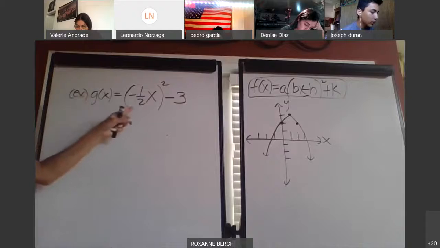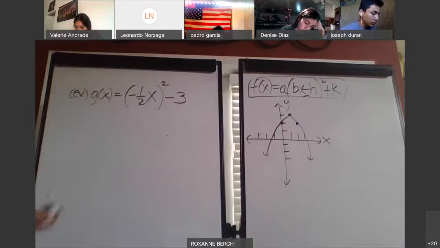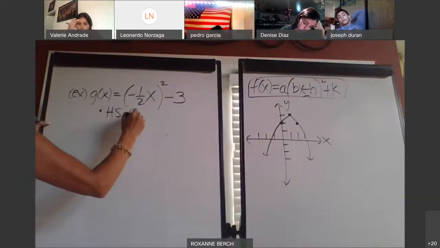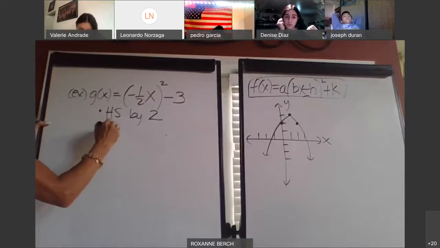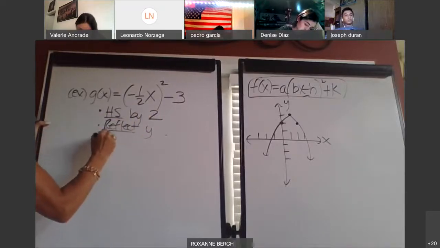So see how this is inside now? And remember with B, you have to take the reciprocal. So this isn't a horizontal compression. This is a horizontal stretch by 2. That is a reflection over the y-axis. And that's down 3.